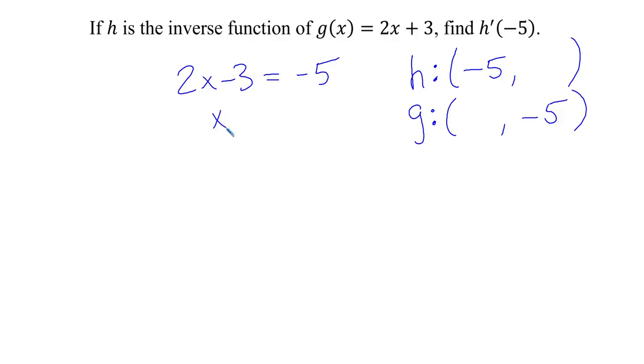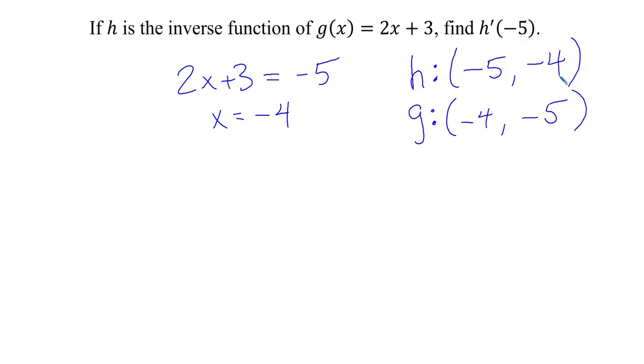When we do that, we should see that that gives us an x value of negative 4. If we subtract the 3, we get negative 8, and divide by 2. So that means this is a negative 4 here.